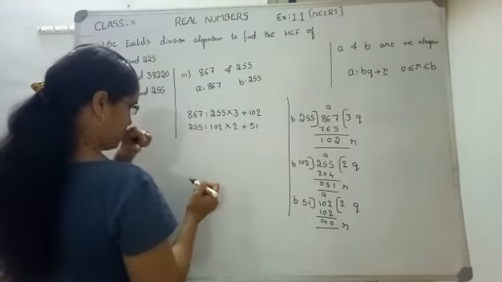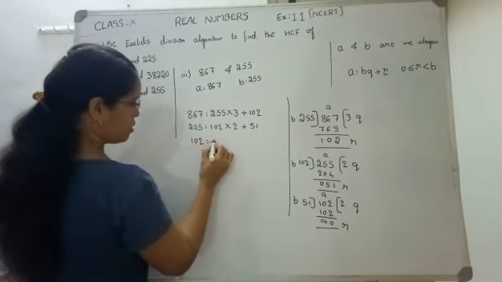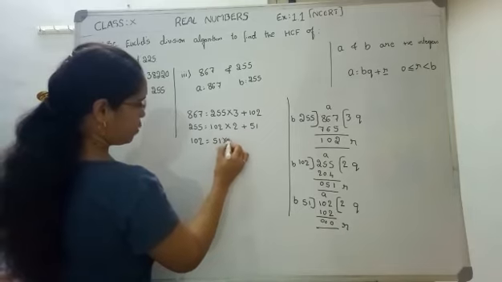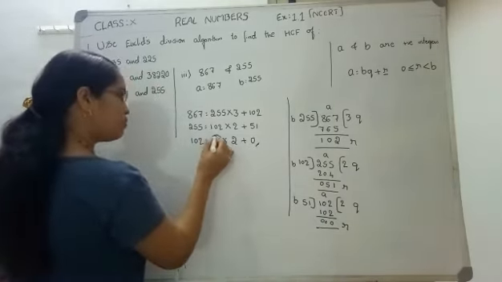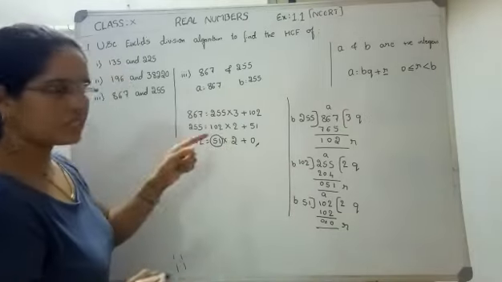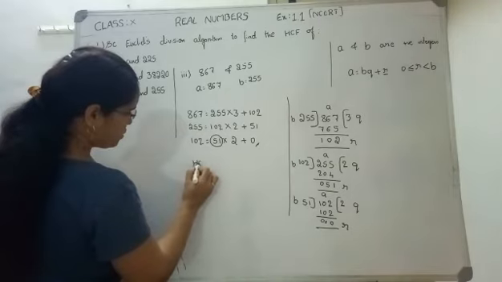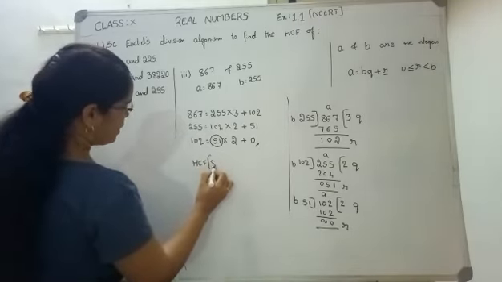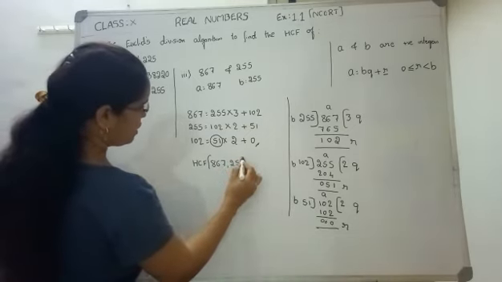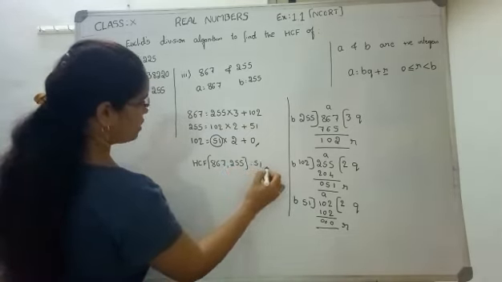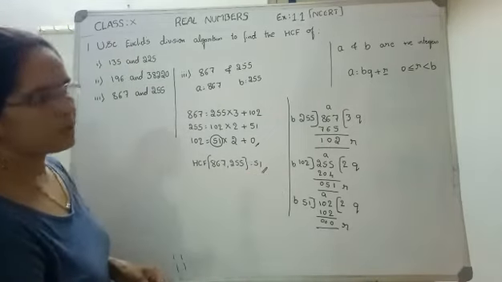In the A is equal to BQ plus R form, 102 is equal to 51 into quotient 2 plus remainder 0. When remainder is 0, the divisor is the HCF of the given two numbers. Therefore, HCF of 867 and 255 is 51. This is the HCF of the given two numbers in the third case.